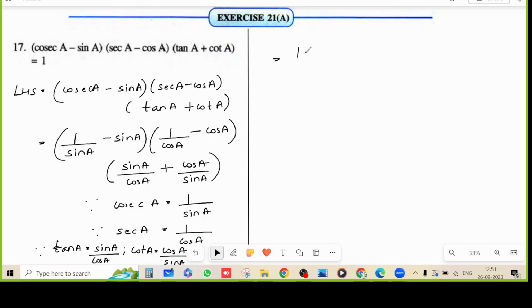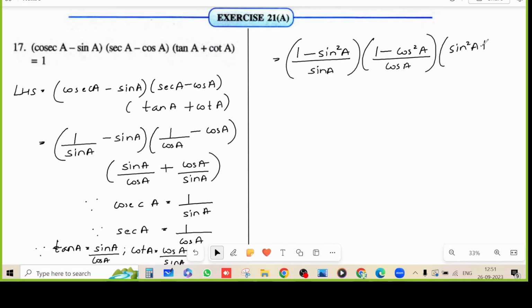So this will become 1 minus sin square A upon sin A. The second bracket will become 1 minus cos square A upon cos A. And the last one will become sin square A plus cos square A upon sin A into cos A.